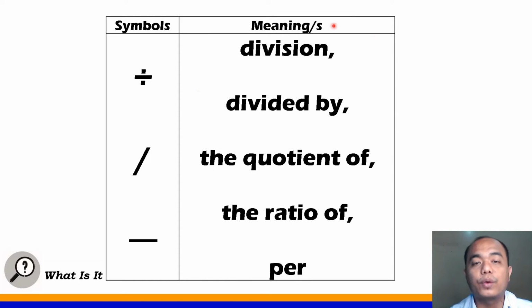All these are word clues for division. Okay? So, dapat maging familiar ka sa mga meaning ng mga bawat simbolo para mas madali mong ma-translate later on ang mga word phrases into symbols.